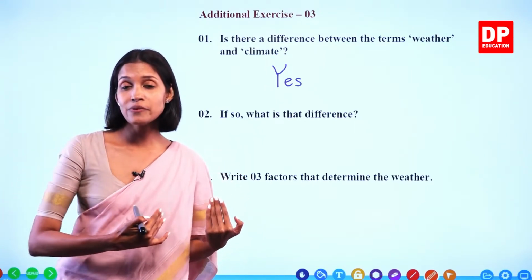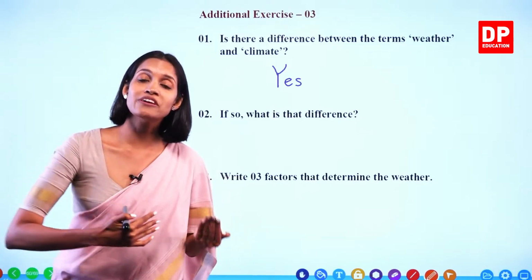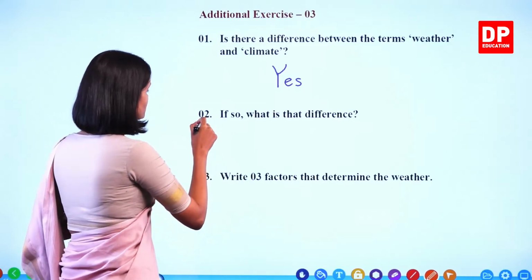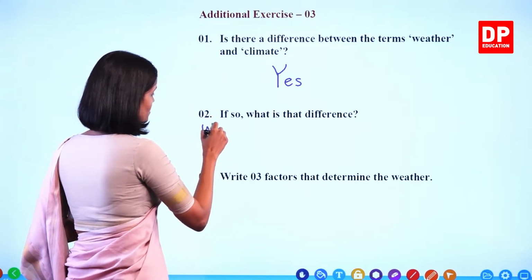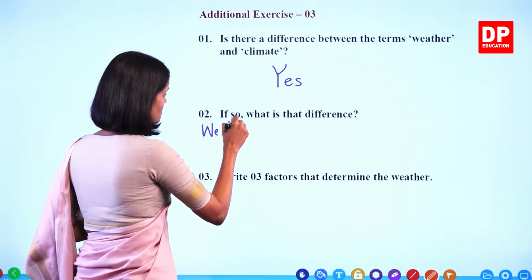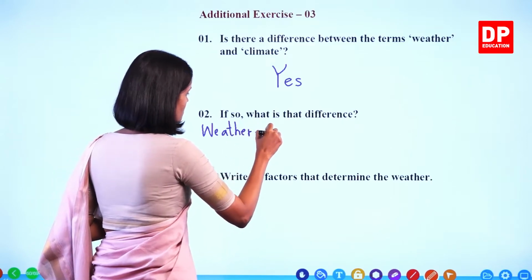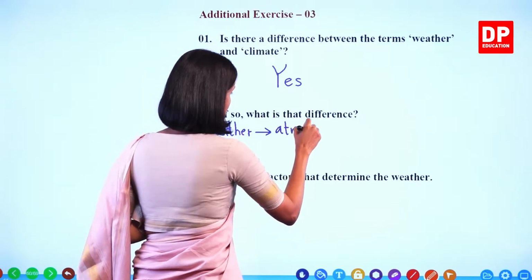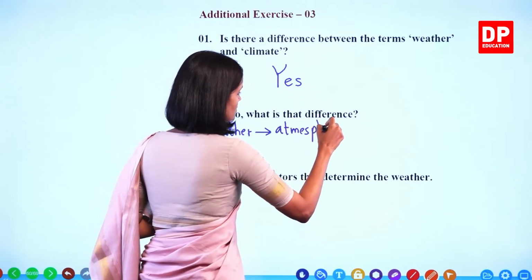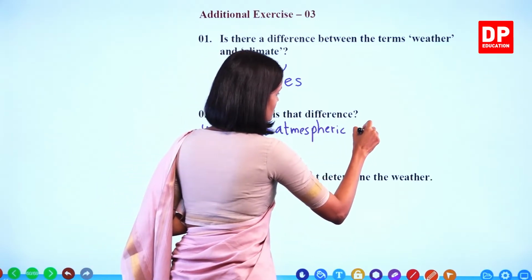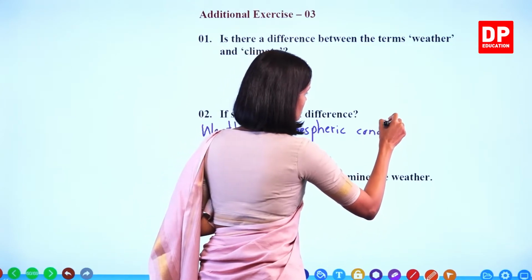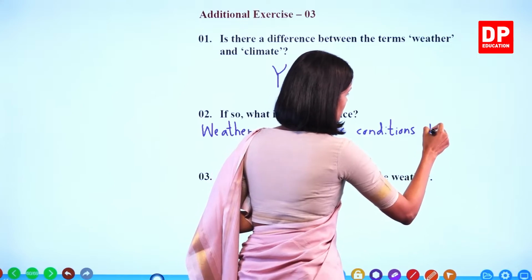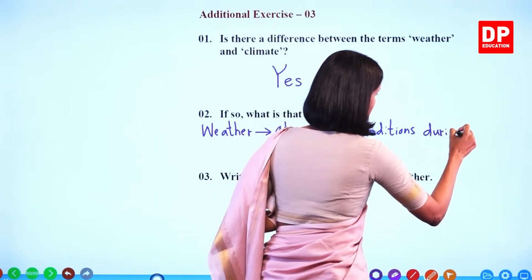When it comes to climate, we consider the prevailing weather conditions for a long time. Okay, let's write the short form. We'll write weather. Atmospheric conditions during a short time.